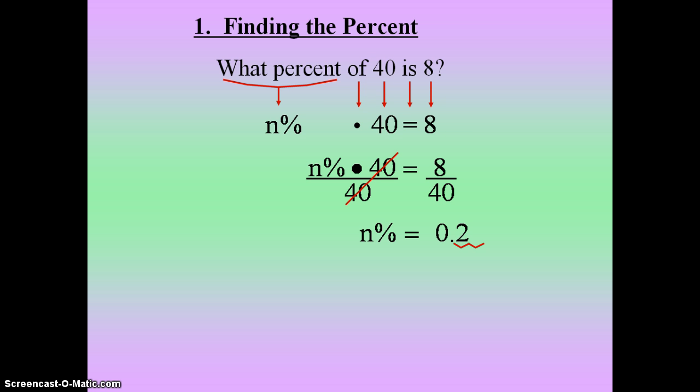If I use a calculator or just simply divide it, I'm going to get 0.2. And 0.2 is the decimal, so I just have to change that decimal to a percent. I'm moving my decimal 2 places to the right, and then I'm making that a percent. So n is 20%. What percent of 40 is 8? 20% of 40 is 8.